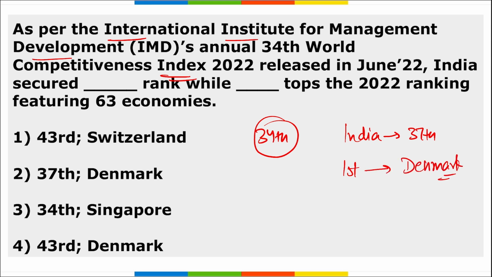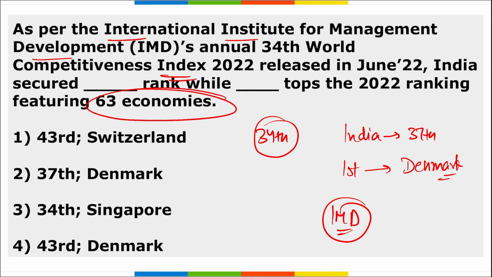The world competitiveness ranking is released by IMD Business School in Switzerland and Singapore. The rank of India here was 37th, and the country that topped here was Denmark, and this data was released among 63 economies, that is 63 countries. So the correct option here becomes India stood at 37th position and first was Denmark.